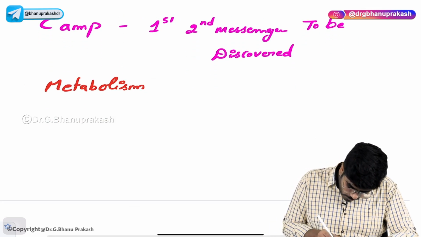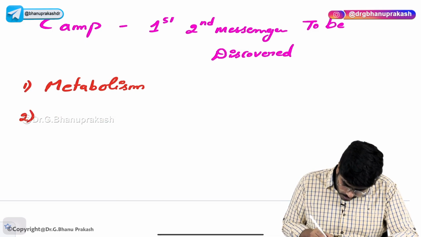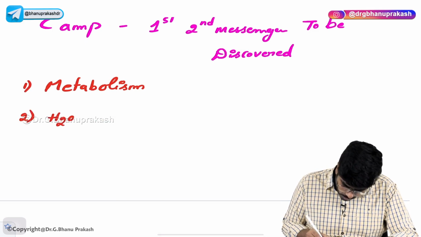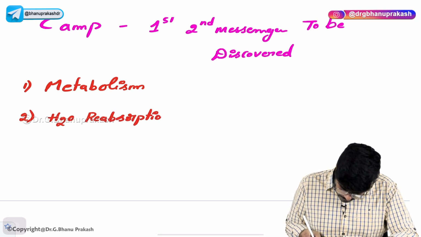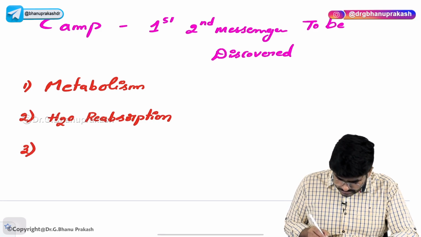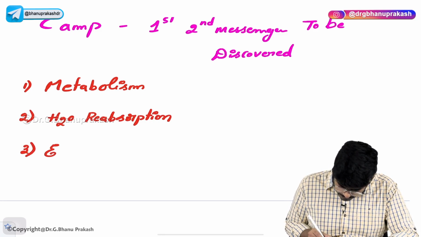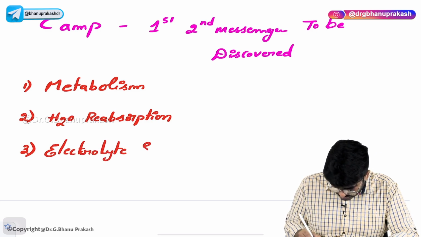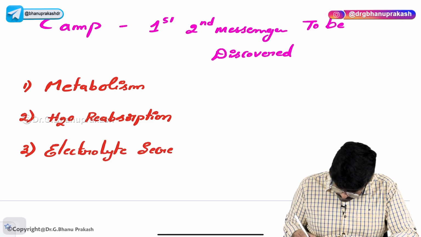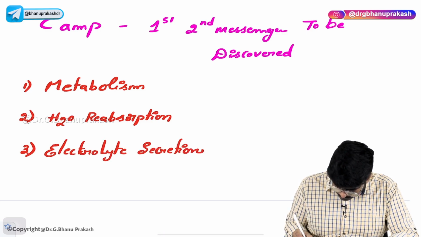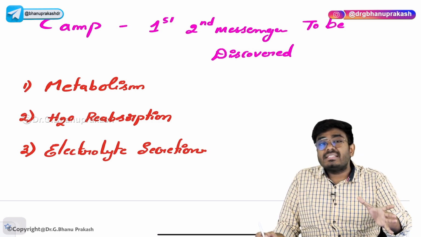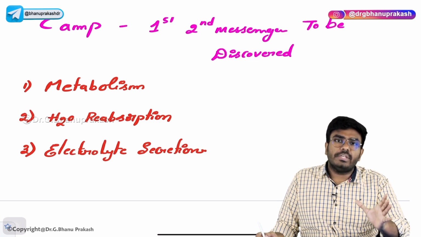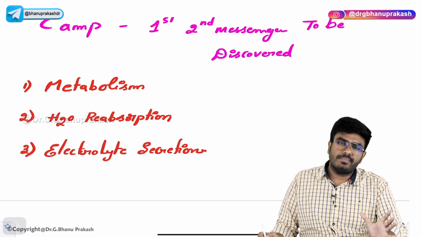The second is the hormone involved in water reabsorption, and the third is the hormone involved in electrolyte secretion. So these three groups of hormones will use the cAMP secondary messenger system.